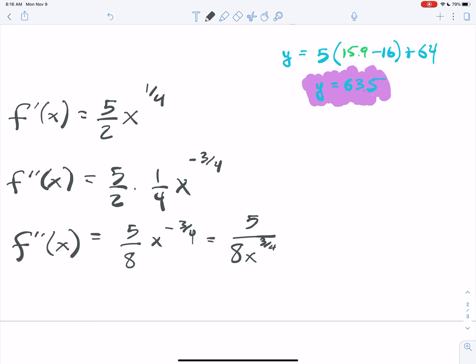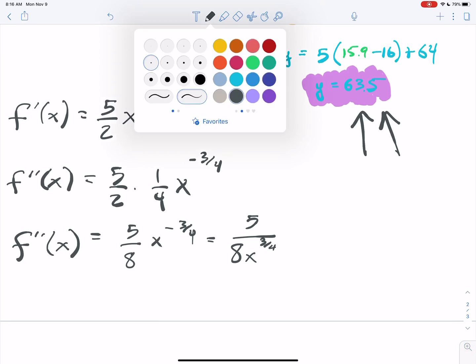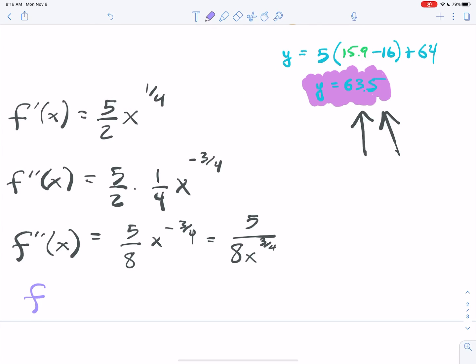Okay. So remember, I'm trying to figure out if my answer that I got right here is an over or under approximation. So I have to know, well, at 15.9, was it concave up or concave down, right? So here's what I do. I'm going to go ahead and plug in 15.9, which is my x coordinate. 15.9 will give me 5/8 times 15.9 to the 3/4 power.